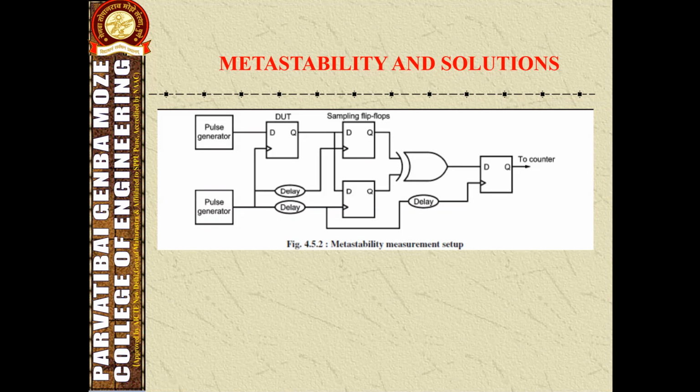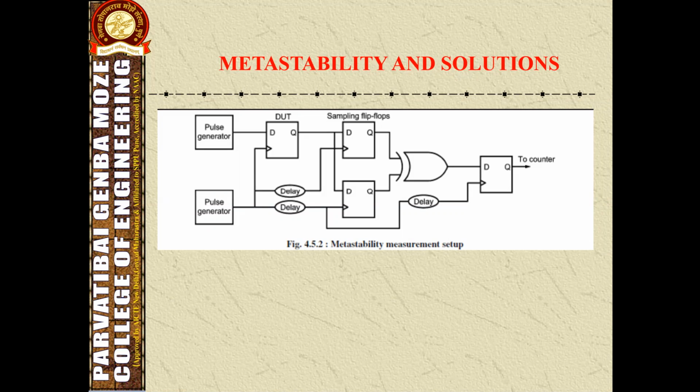The data transitions are randomly and evenly distributed over the entire clock period, at about one transition per clock cycle. The data transitions are also evenly distributed within the failure time window TW.